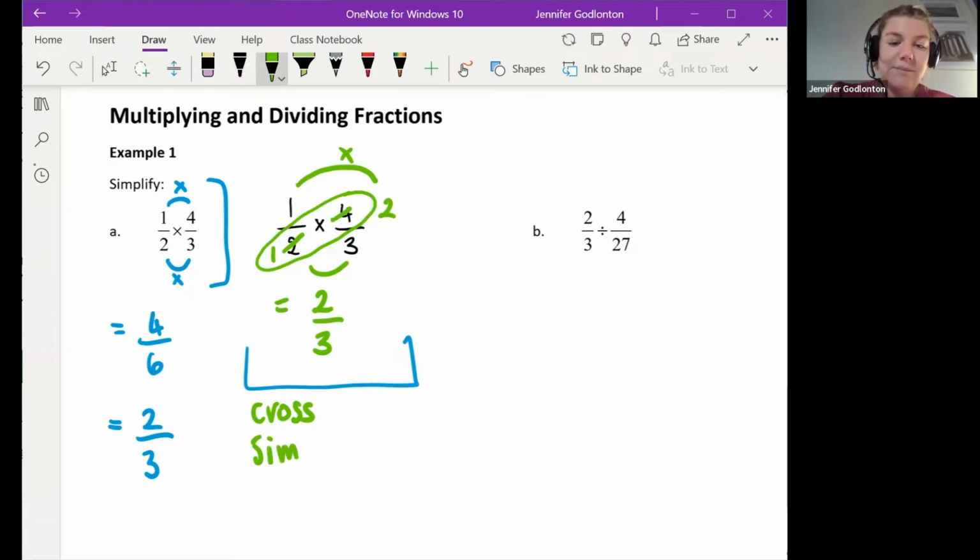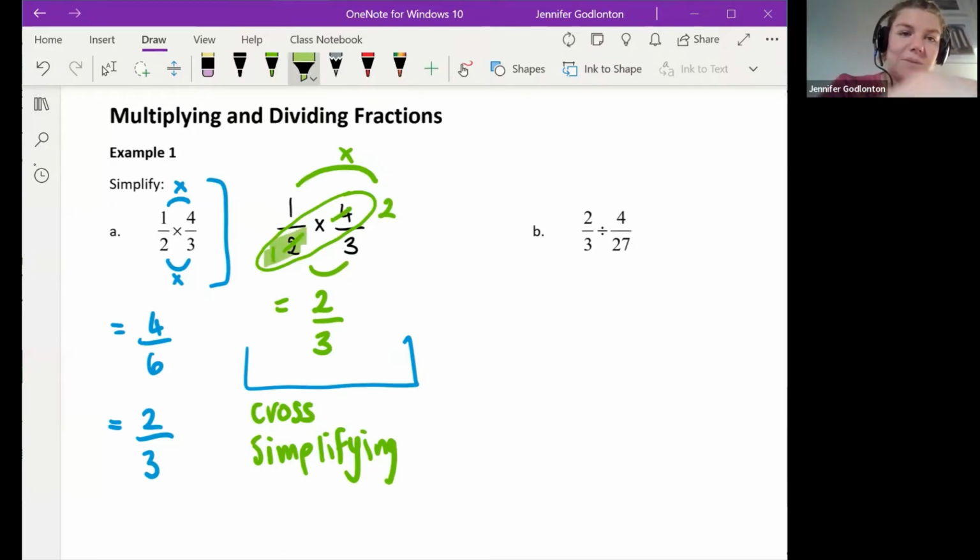When we cross simplify, we have to have a denominator and a numerator. We can't cross simplify 2 numerators or 2 denominators. It has to be one of each. Okay, so that's cross simplification, and we get to this answer of 2/3.